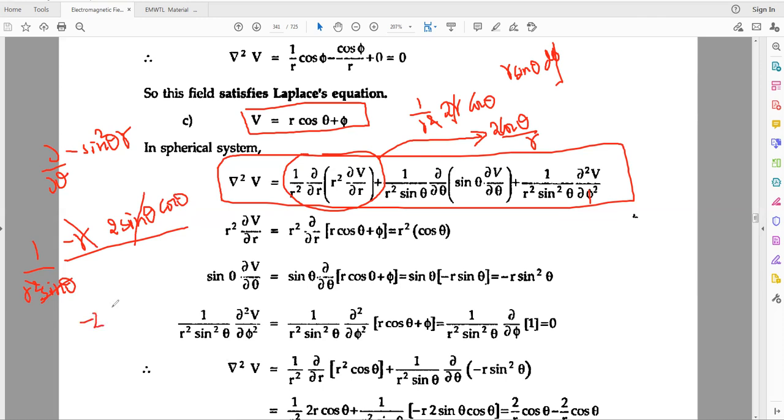Now it is minus 2cosθ/r. That is the second term after simplifying.